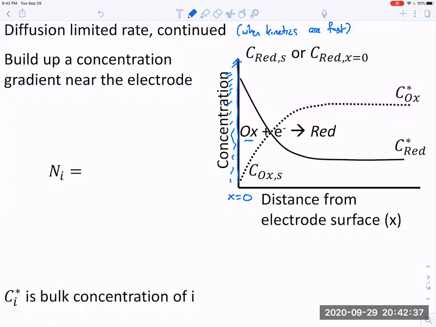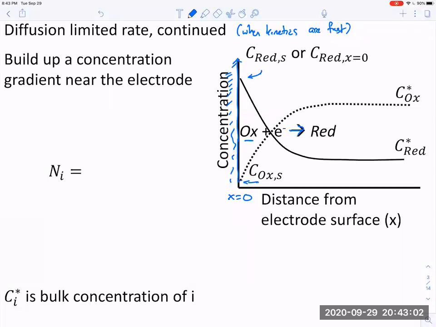oxidized species reaches the electrode, there's going to be an electron transfer, and it's going to form a reduced species. So there's a reduction occurring. Because this oxidized species is being reacted electrochemically, its concentration at our electrode is going to be low, and the concentration of the reduced species is going to be high.